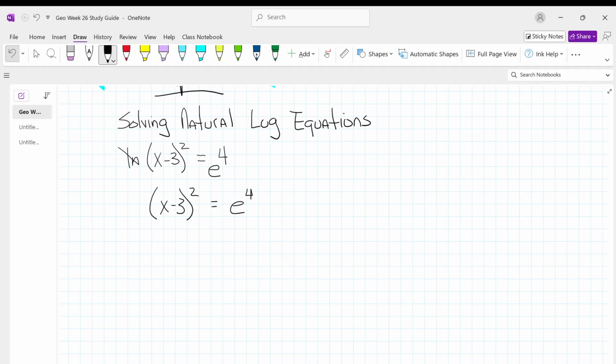And now you're going to treat the equation just like you would any other equation, in that you're going to get the x by itself. So your next step here would be to square root each side. We're going to get rid of this exponent of 2. So when we square root the left-hand side, we get just x minus 3.